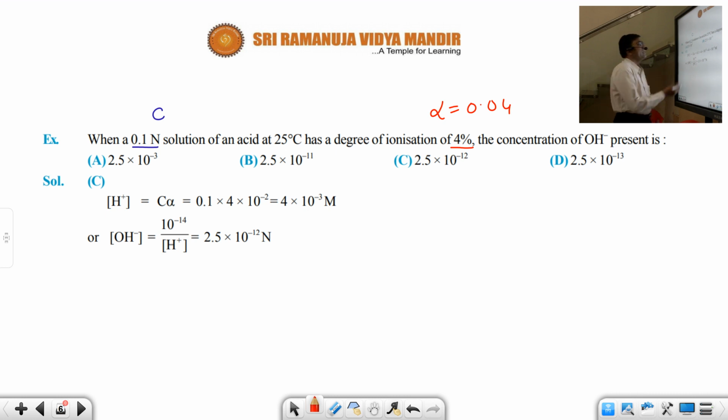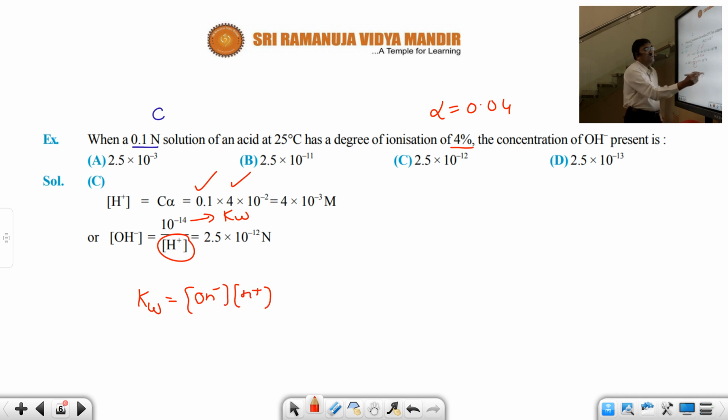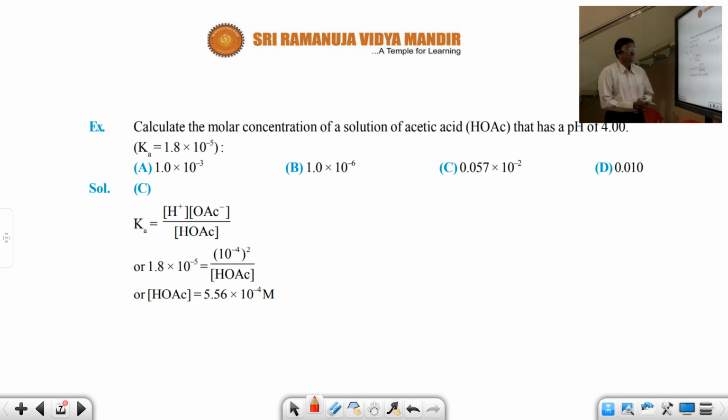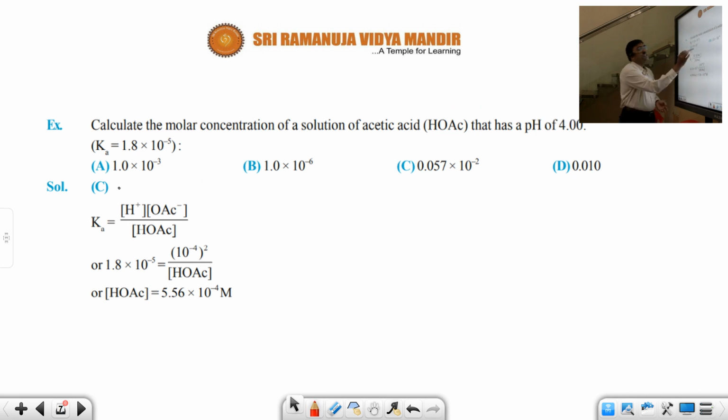The same way you can substitute here: C is given, alpha is given, you get the H plus ion concentration, and then 10 power minus 14 by H plus ion concentration. 10 power minus 14 is the Kw value, because you know very well Kw is equal to the product of OH minus concentration and H plus concentration, and you will get 2.5 into 10 power minus 12 molar. It's a simple question. Now, let us look at the next question.